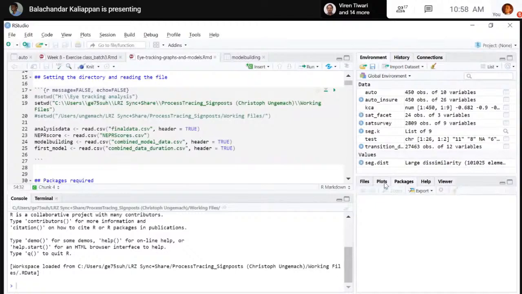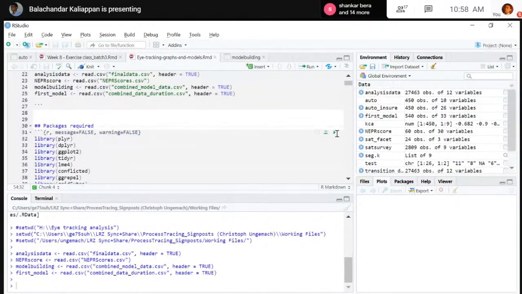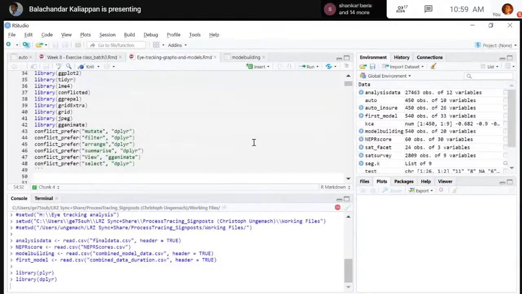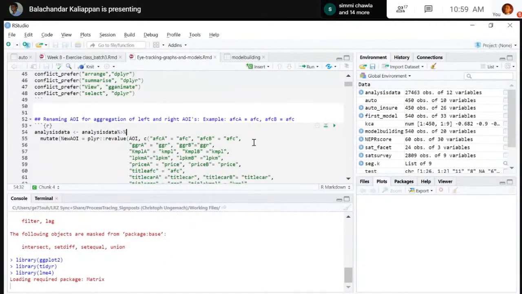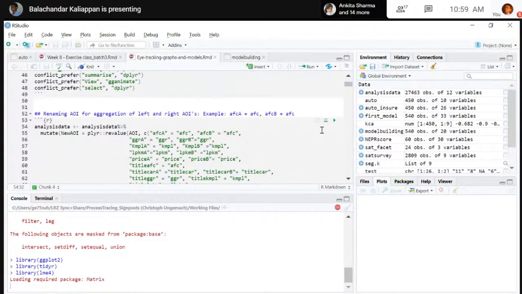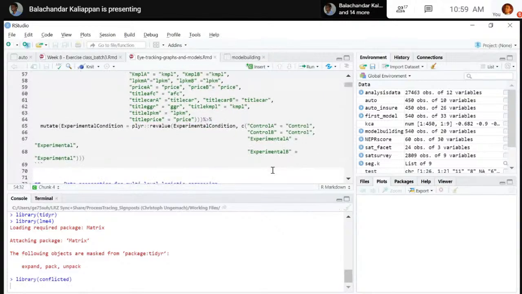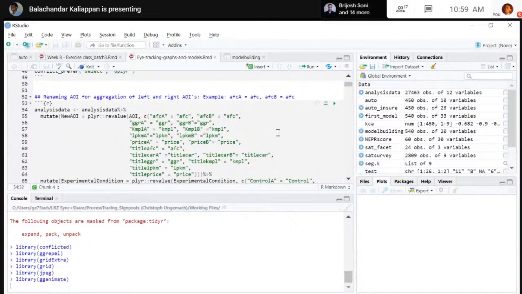Okay. Since the R session got aborted and I need to do everything again, you can basically run the data like this, and then load the packages. And this is quite easy now when you look at it, but it might be daunting when you're learning for the first time. But once you get used to this particular aspect, it will be really easy. Okay, so these are small code chunks that I use for analyzing the data.